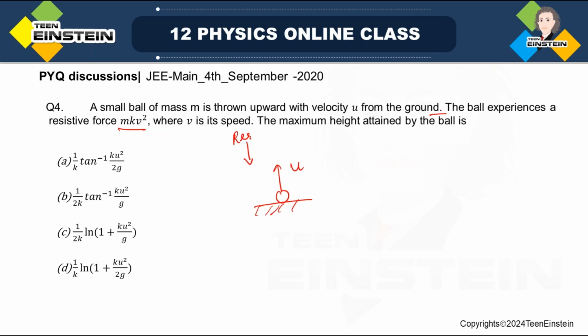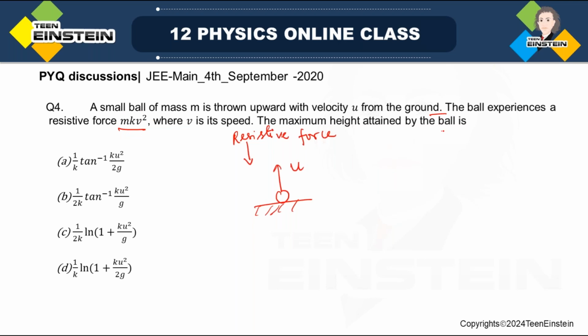So this is resistive force, where v is its speed. Okay, v is its speed. When the speed is v at any instant of time, the resistive force will be mk v square.